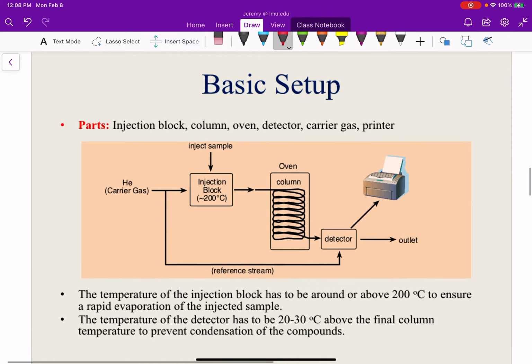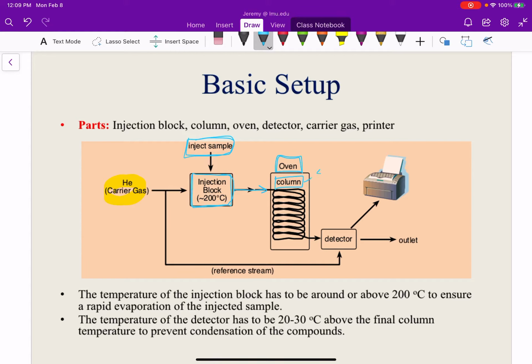Here's the basic setup of a GC. Okay, so we have our carrier gas, our mobile phase, which is normally helium, right? Our sample is injected into an injection block, which then moves your sample through the column, which is contained in an oven. In GC, temperature is a really important factor that affects our retention times.